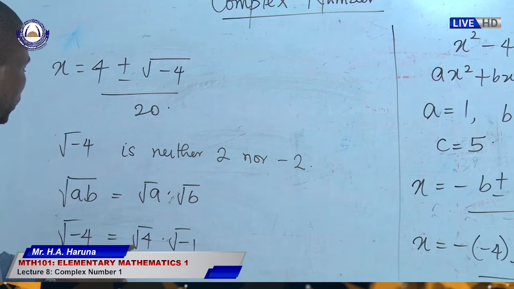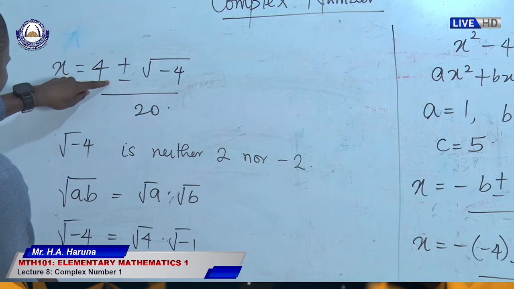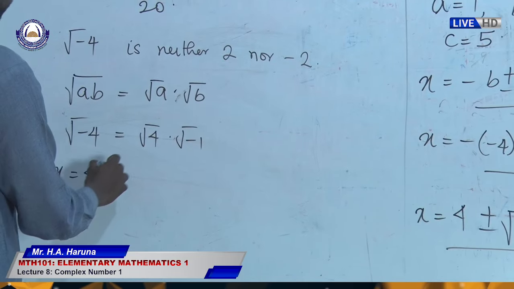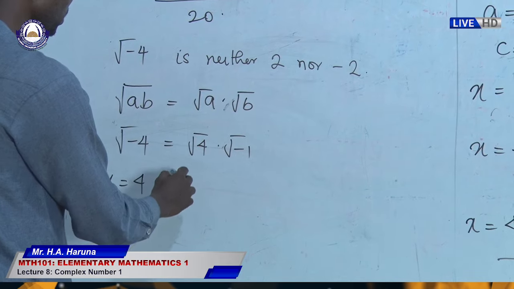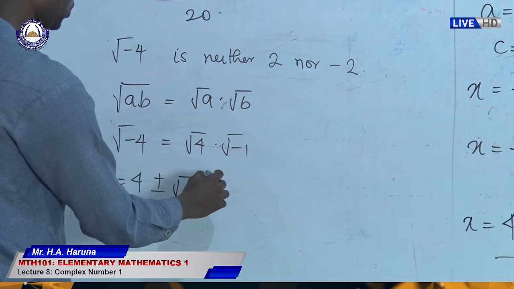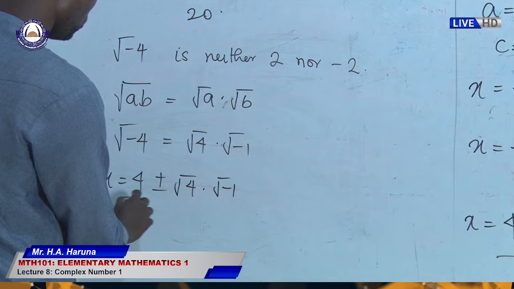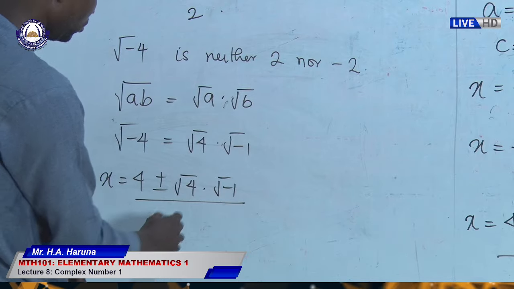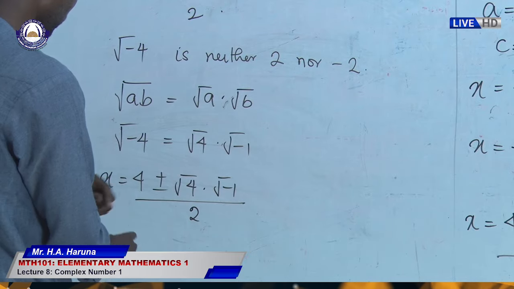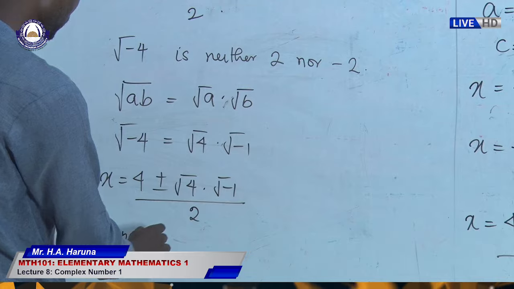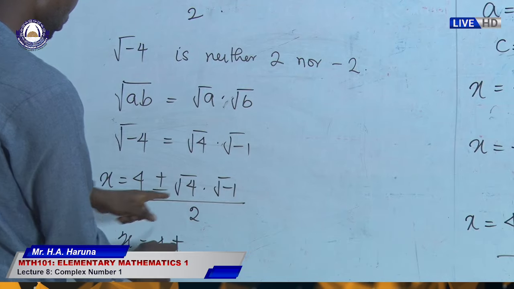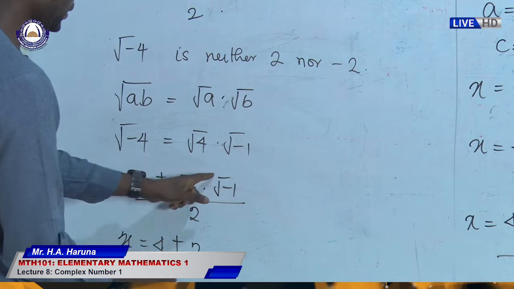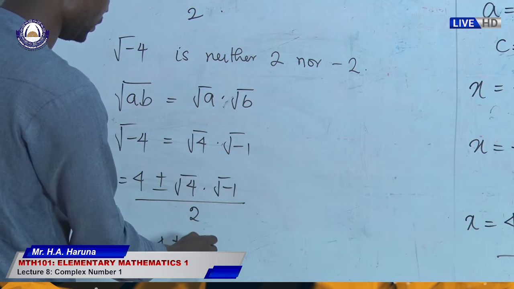So, if you bring this back into the equation, you have x equals 4 plus or minus the square root of 4 multiplied by the square root of minus 1, over 2.